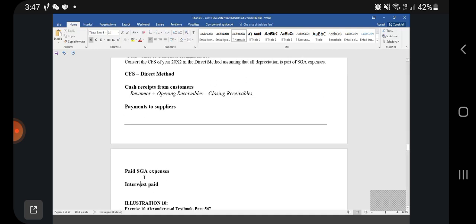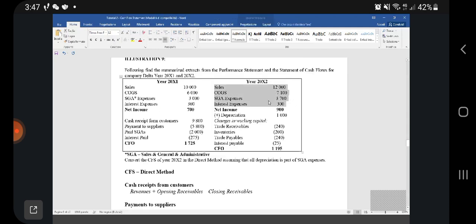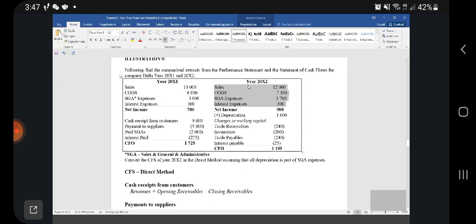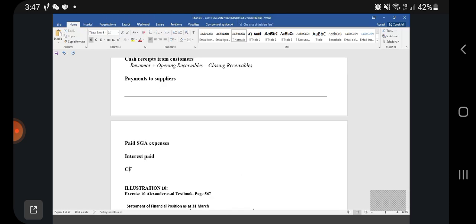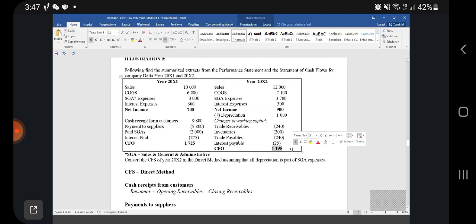How did we know that? Of course, in the direct method, we take each of these items in the income statement and we convert that into a cash flow, as we said, using the formula. Remember that when we calculate at the end the cash flows from operations, it should be equal to that provided or calculated through the indirect method.